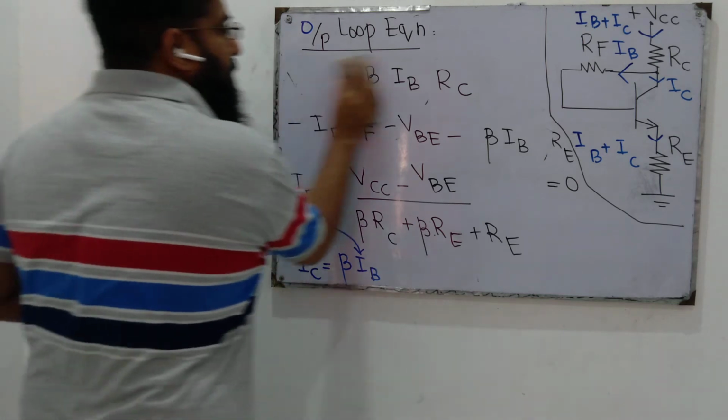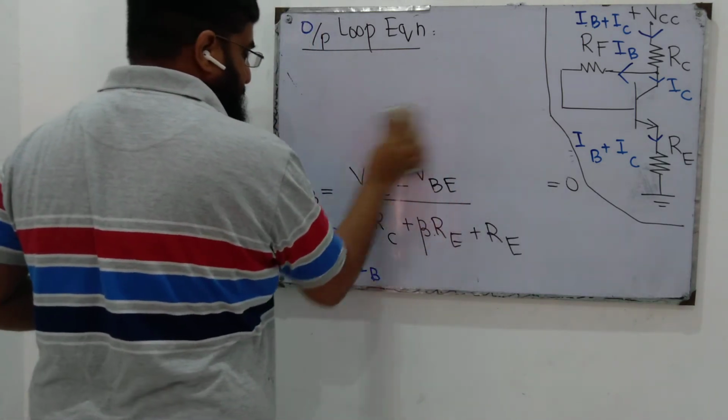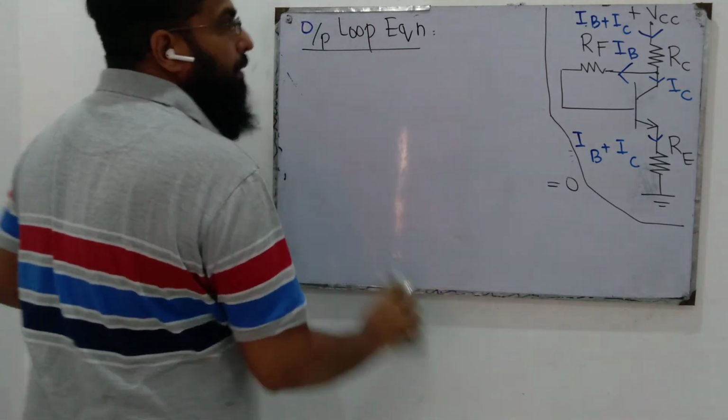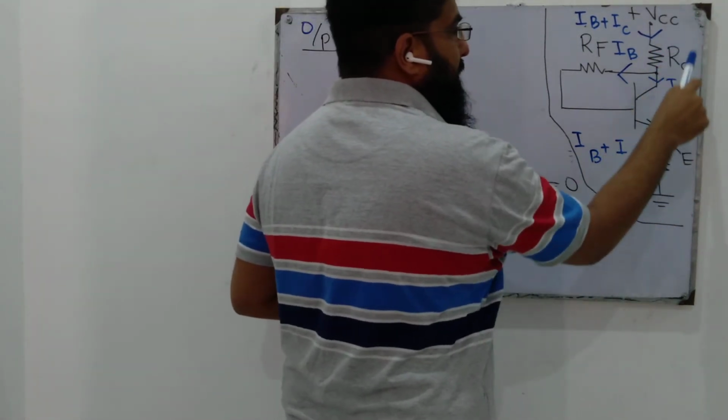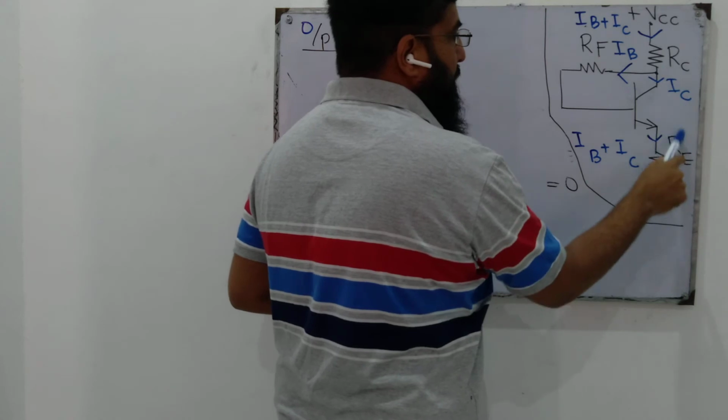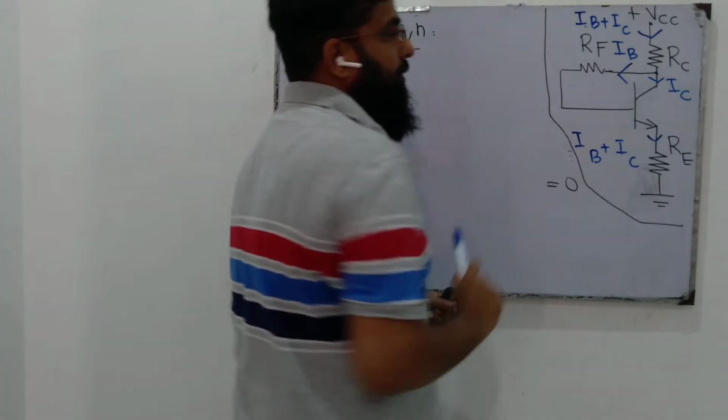But before we write an equation, we must identify the components in the output loop: VCC, RC, the voltage VCE, and the resistor RE.